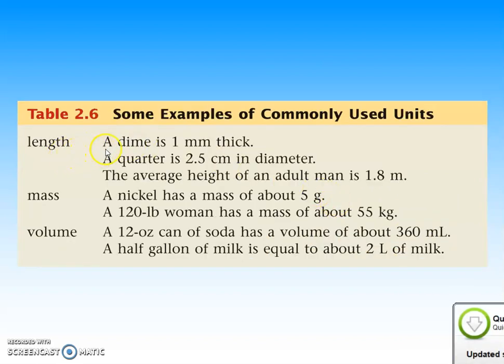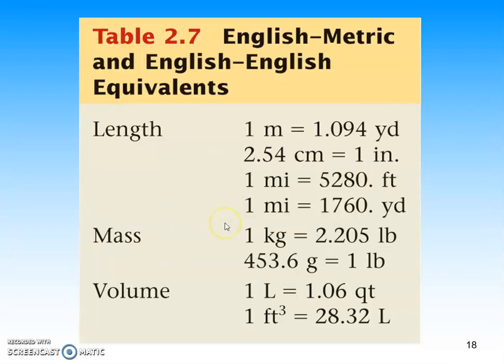For length, a dime is 1 mm thick and a quarter is 2.5 centimeters in diameter. The average height of an adult man is 1.8 meters. For mass, a nickel has a mass of about 5 grams, and so on. Metric and English equivalents: length, mass in kg, volume in liter.